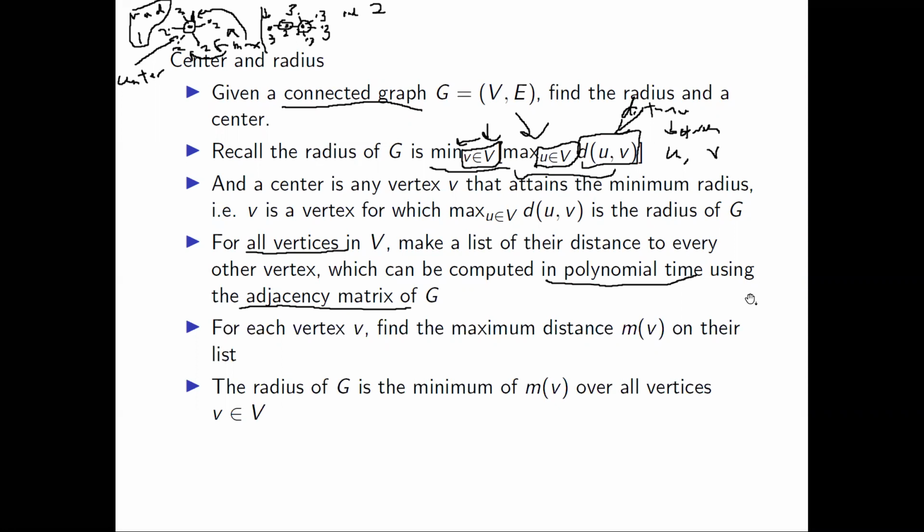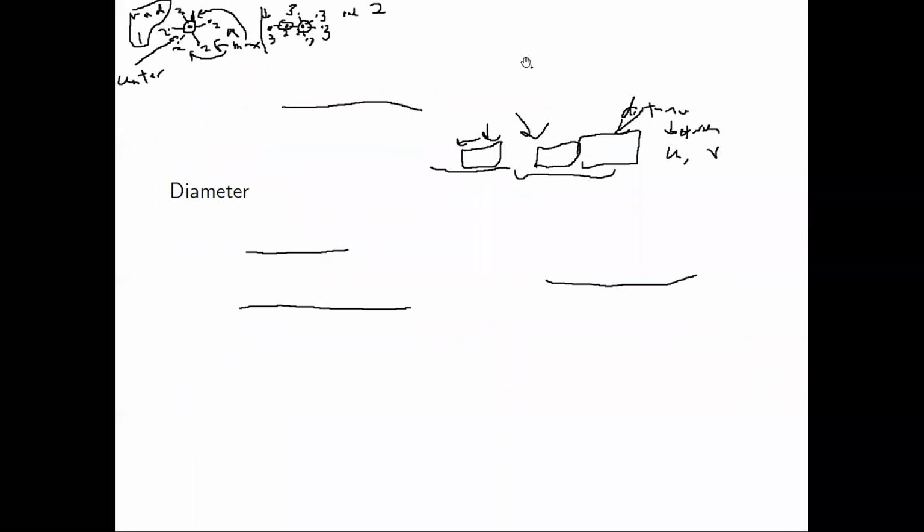And in order to find a center, we just need to output any vertex which gives that minimum. So that was a polynomial time algorithm to find the radius and a center.